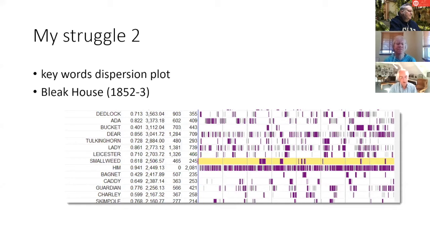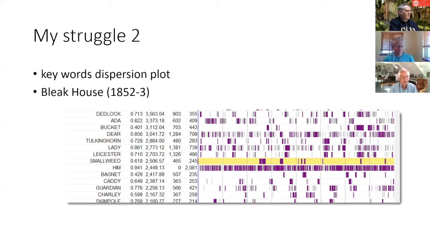The word "him", just below the yellow bar, comes pretty well everywhere throughout the text. It's not a great surprise with that particular word. The second line you can see is Ada. She's one of the characters in the story, and she comes in bursts, but she comes more or less through the text.